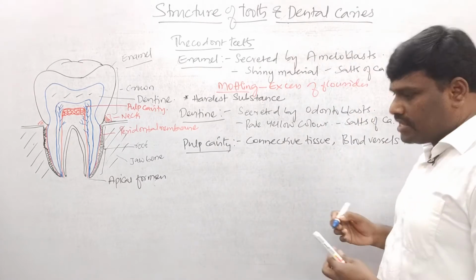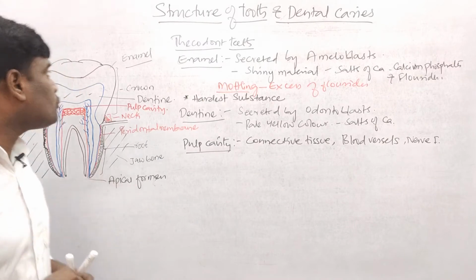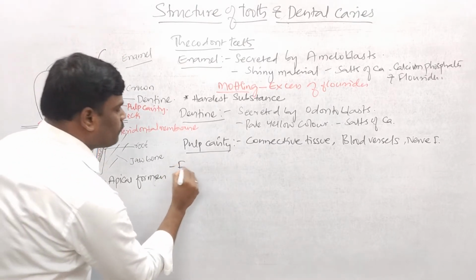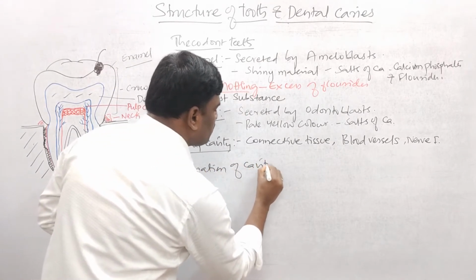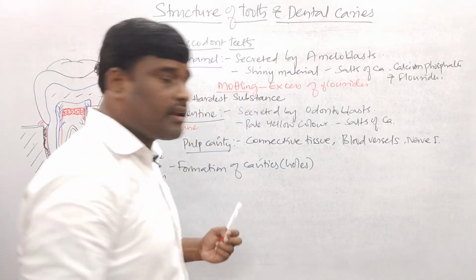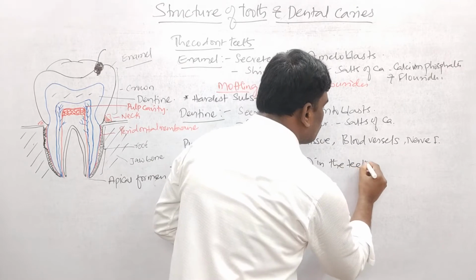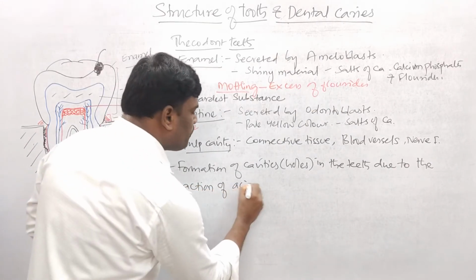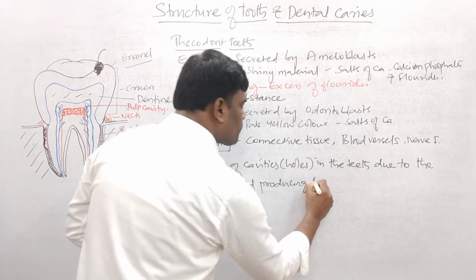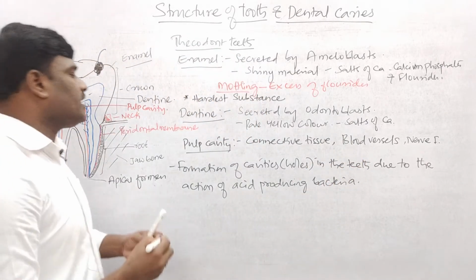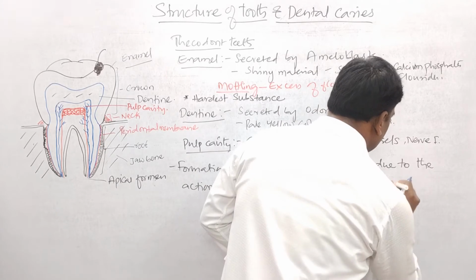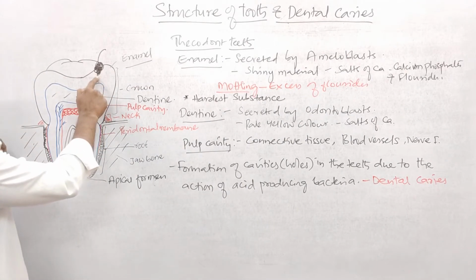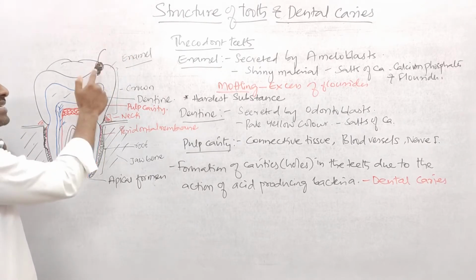What is dental caries, children? Sometimes what happens is the formation of holes, formation of cavities, in the teeth, due to the action of acid producing bacteria.